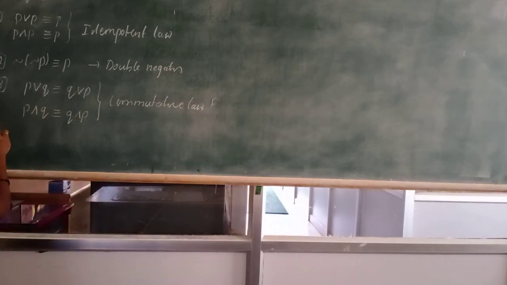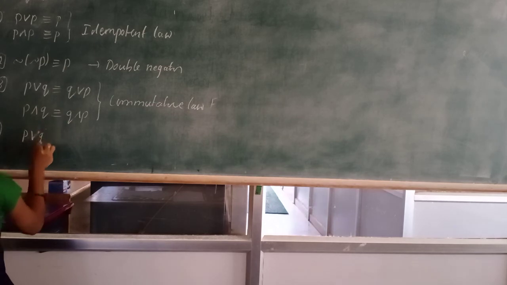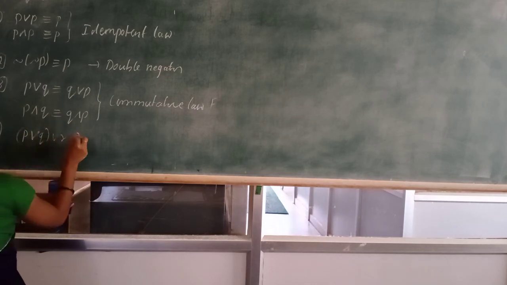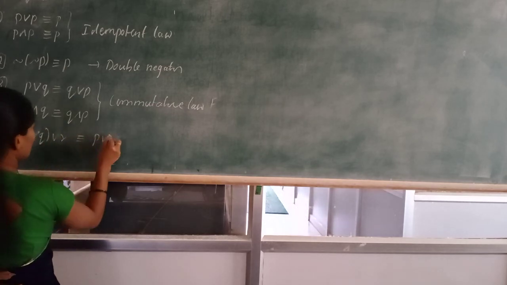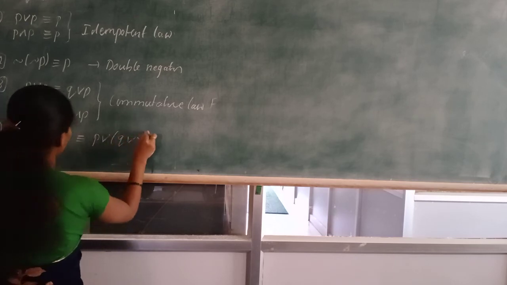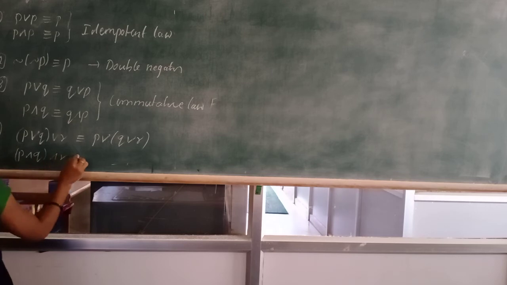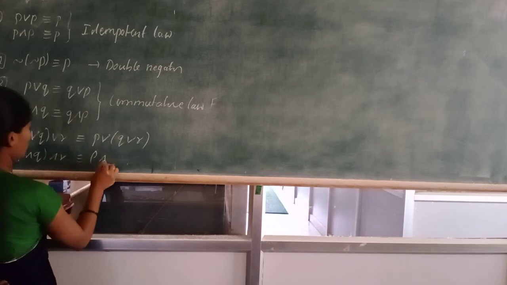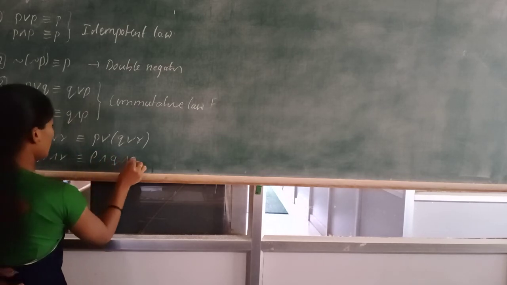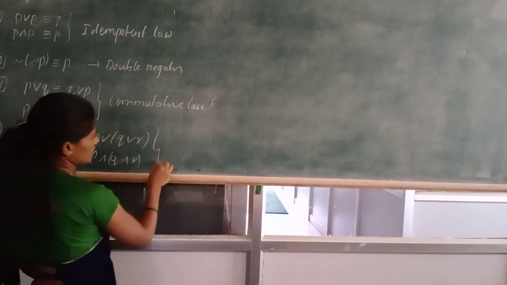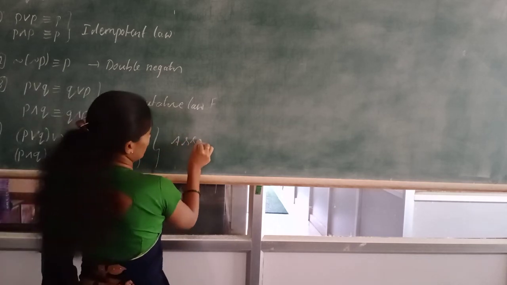Next, fourth, associative: (P or Q) or R is equivalent to P or (Q or R). Next, (P and Q) and R is equivalent to P and (Q and R). This is associative.